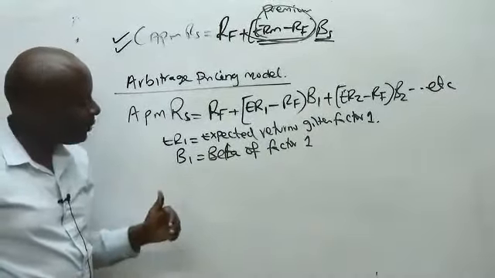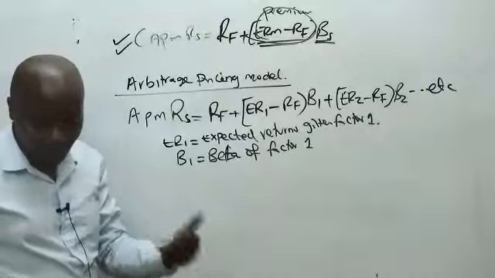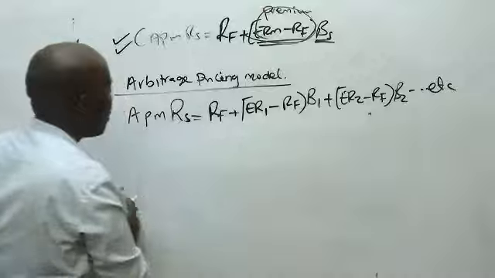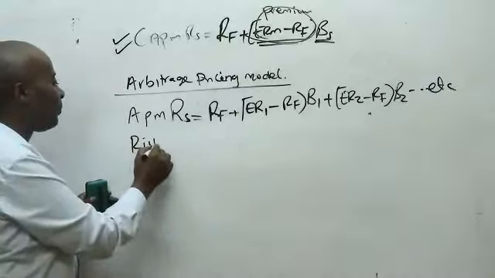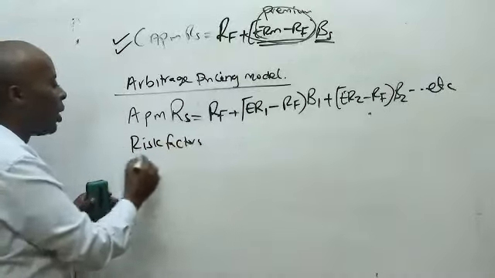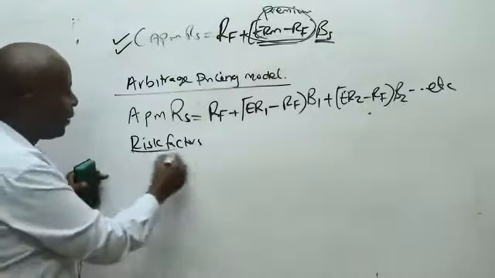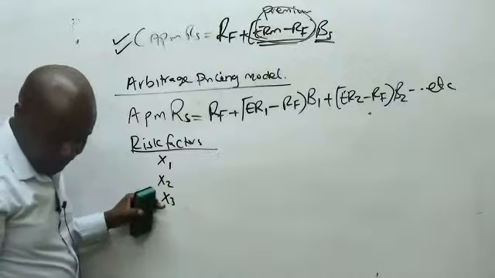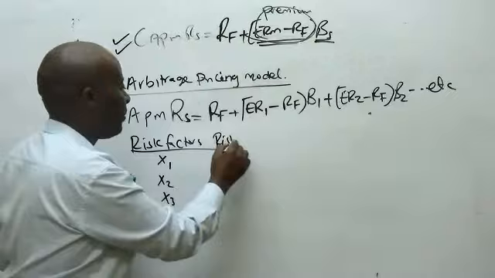Now, ladies and gentlemen, I would want us to look at just some small example, where they have given us risk factors. We have three of them: X1, X2, X3. And then we have the risk premiums, which the examiner loves.